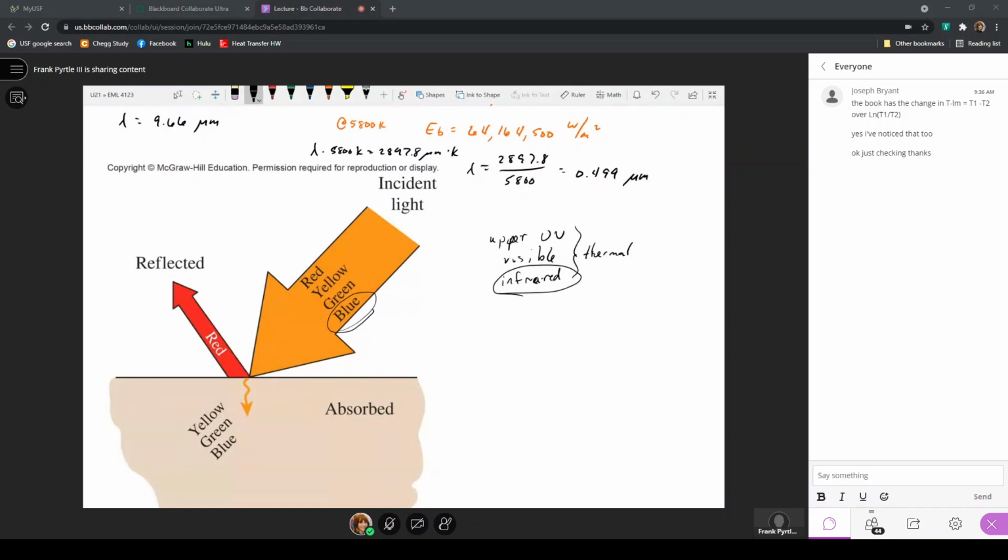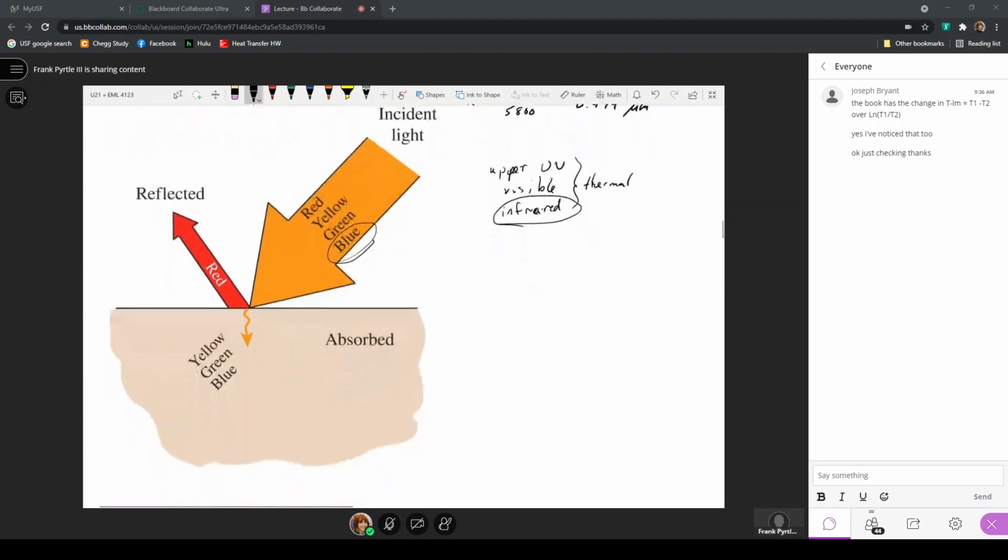But this reflection and absorption shown for the visible light range also applies to the invisible parts of the thermal radiation range, which include upper UV and infrared. Those ranges can also be reflected and absorbed.